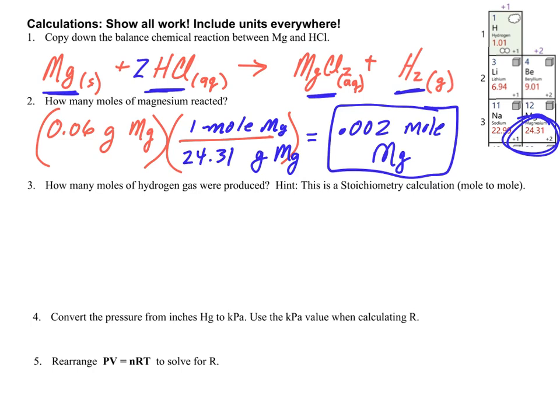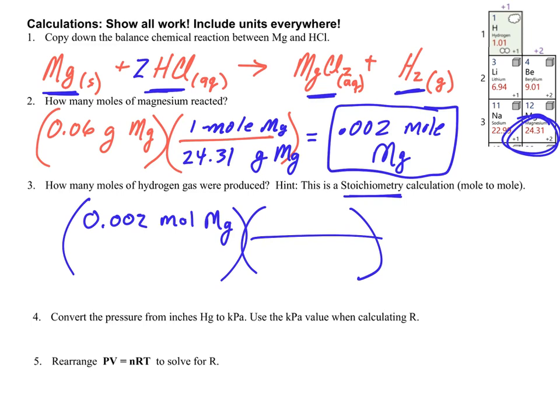Now, question 3 says, how many moles of hydrogen were produced? All right, this is a problem called stoichiometry, something that we'll learn about later in the year. But it will work like this. If I start with 0.002 moles of magnesium, then I multiply it times what's called the mole ratio, which is in the balanced equation. Moles of Mg is 1, because there's an implied 1 in front of Mg.